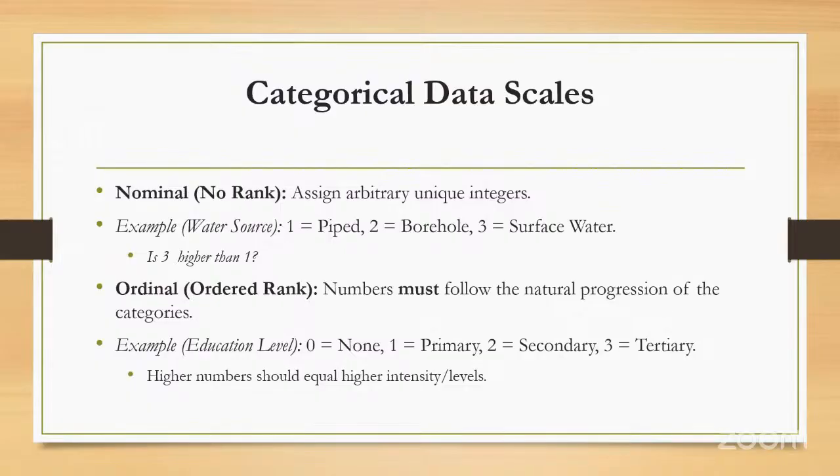I'm not talking in terms of the quality of the water that it produces, but it's more like an identity, okay? Then there's the ordinal, like I've mentioned before. Education, where you expect that as somebody's ranking goes up, they should have a higher education level.